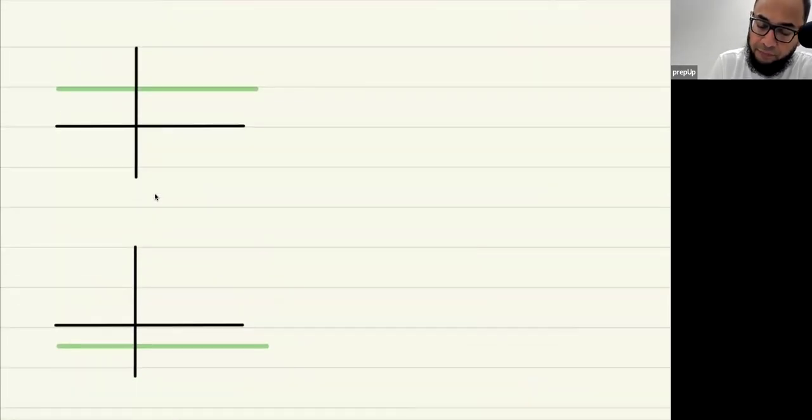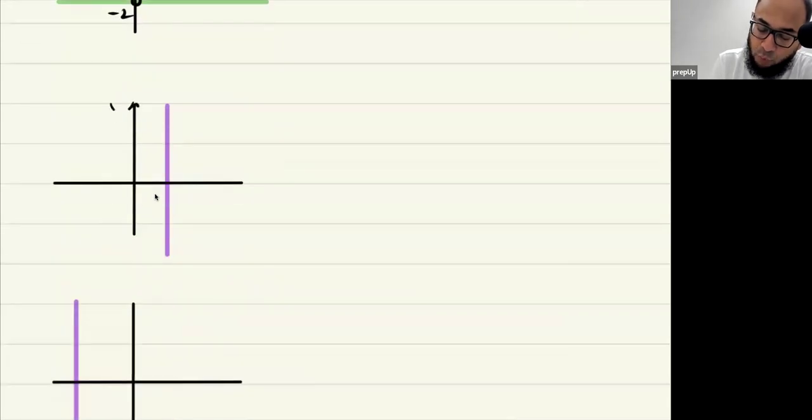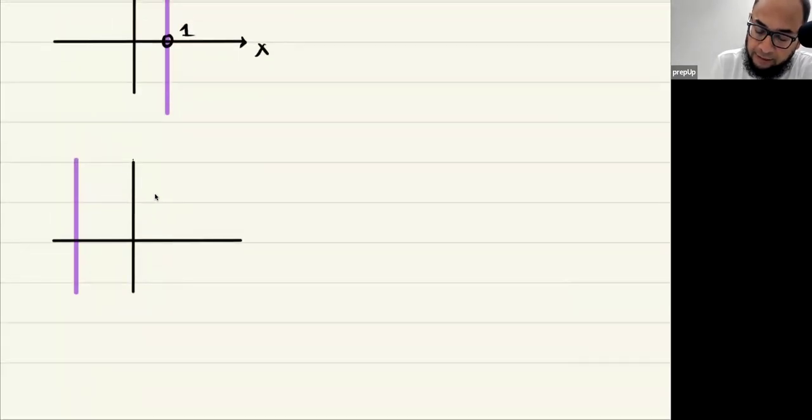Now, first of all, this is x and this is y. And let's say this y-intercept is 3. This is y, this is x. The other one, this is x. And this y-intercept is negative 2. This is y, this is x. This x-intercept is 1. This is y, this is x.